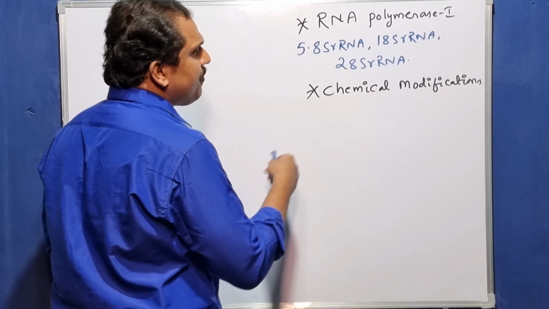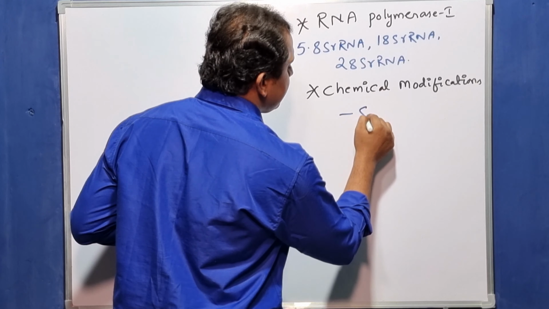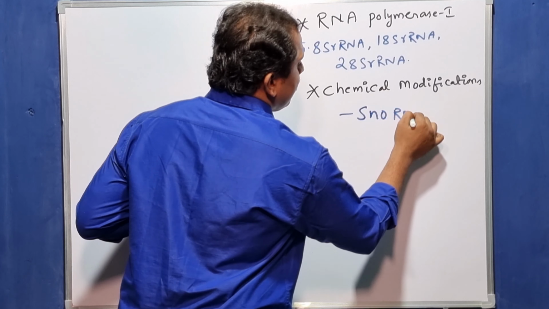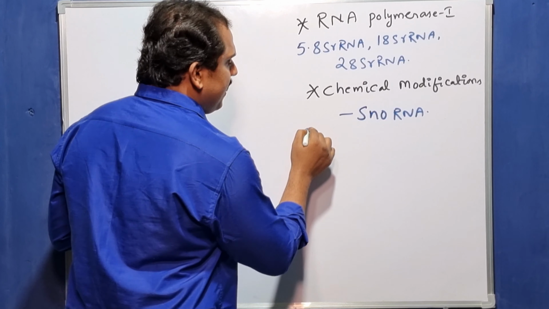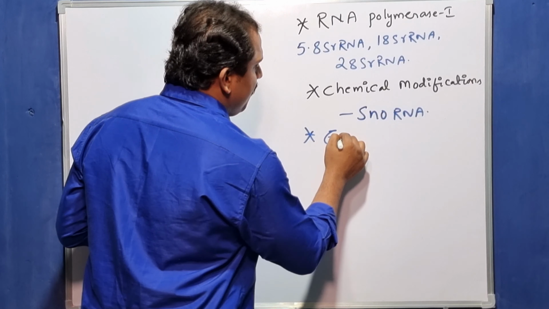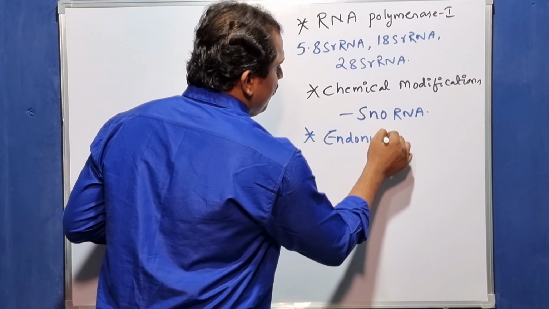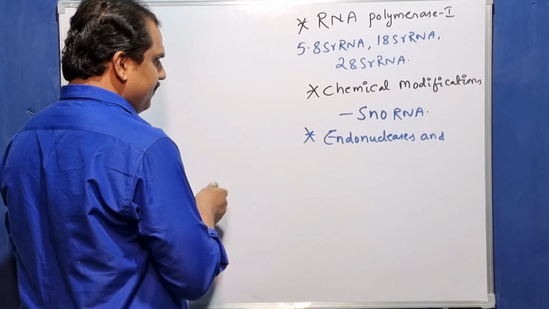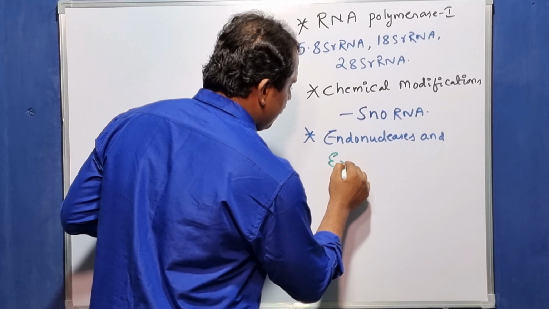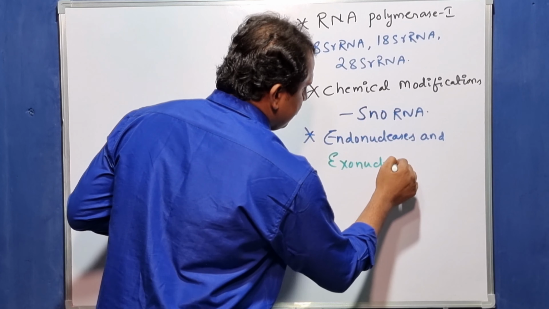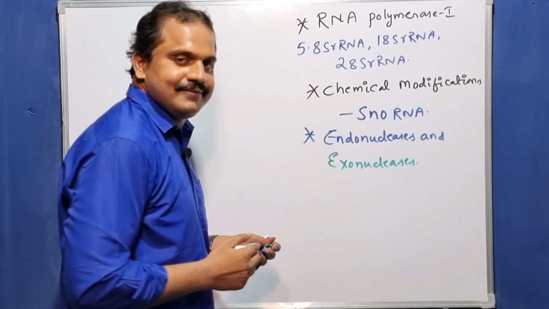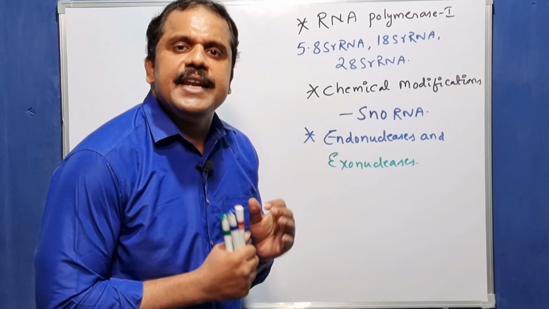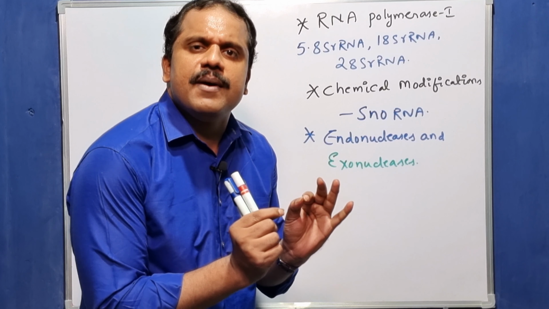So here the chemical modifications are induced by taking advantage of a specific RNA, which is nothing but snoRNA, and as well as by certain endonucleases and exonucleases. Is it clear? So by taking advantage of all these events, the rRNA is capable of undergoing the processing event.